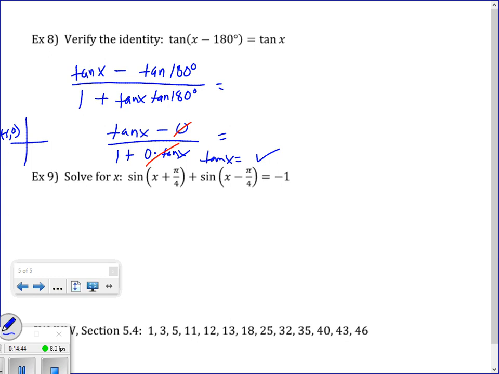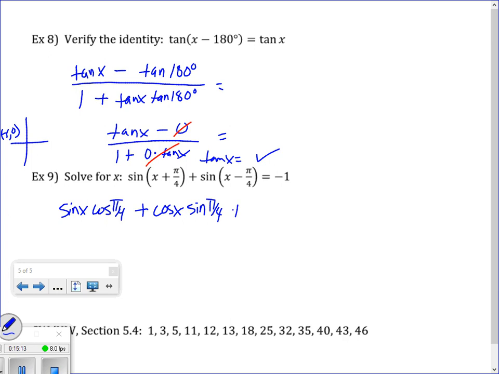All right. So number 9, finally we have one in an equation. So we're going to have to expand both of these things right here. I think you'll probably notice that there'll be some cancellation here because I have a plus and a minus, the same thing. So there's going to be some easy canceling, and then we'll just solve it. So I get the sine of x times the cosine of pi over 4, which I know, plus cosine of x sine of pi over 4.